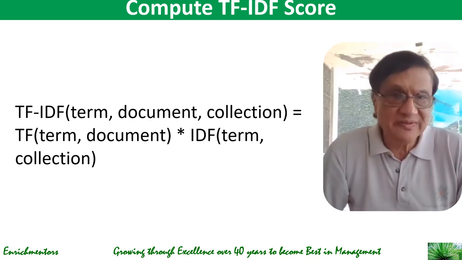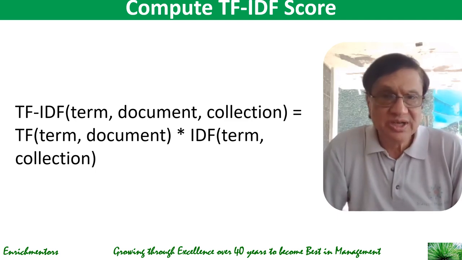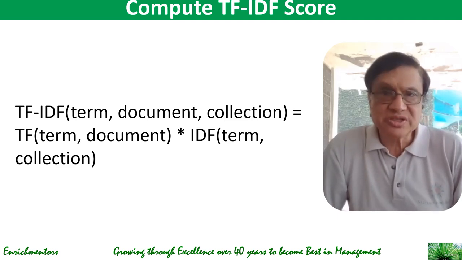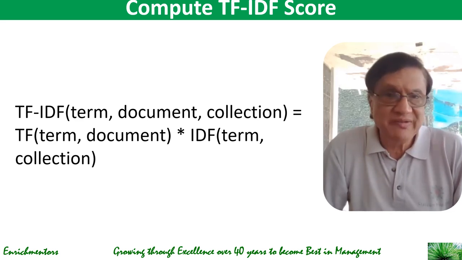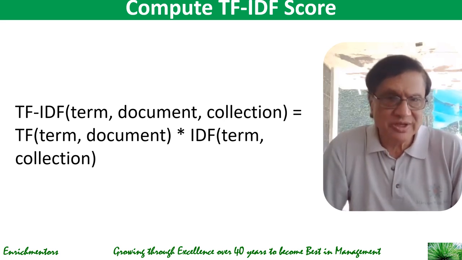The TF-IDF score combines the term frequency and inverse document frequency to compute a numerical score that represents the importance of a term in the document relative to the entire document collection. It is calculated as the product of the term frequency, TF, and the inverse document frequency, IDF, and you see the formula here.